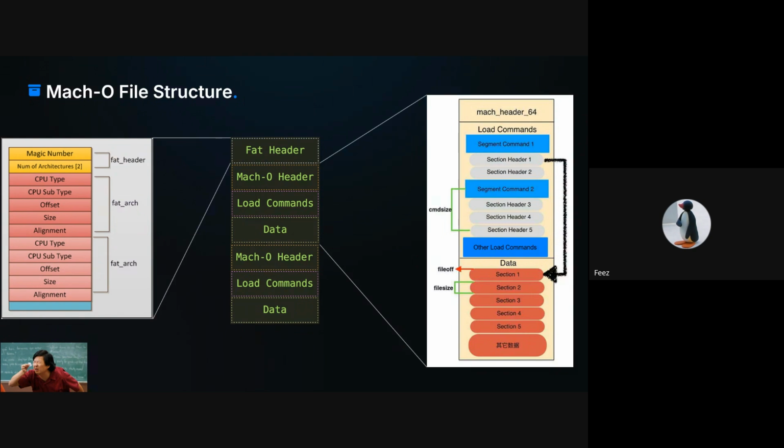The load command contains the segments pointing to where the data is. The data contains the actual code. And this segment also tells where to map in the virtual memory.